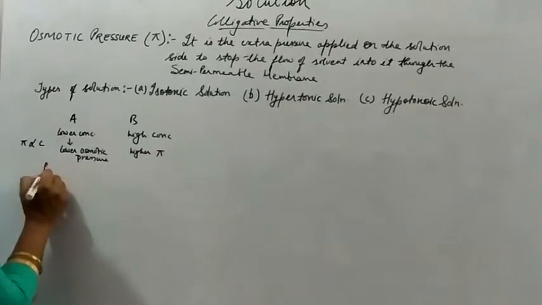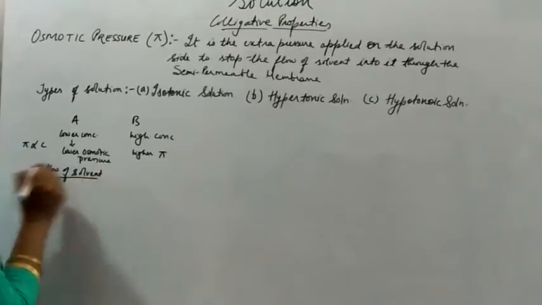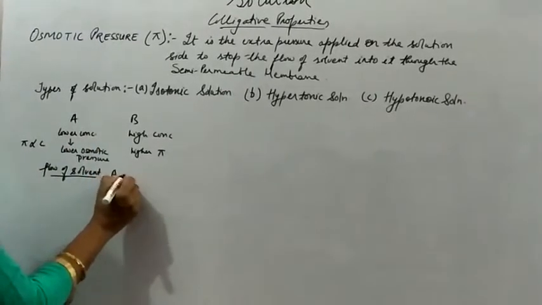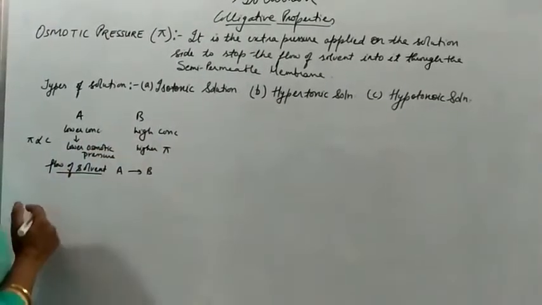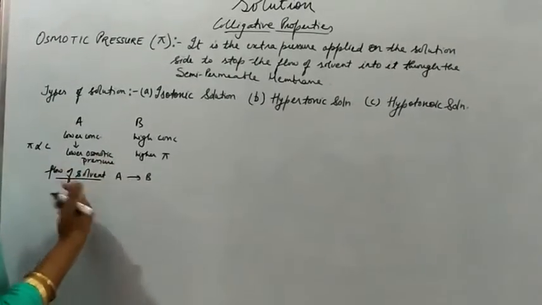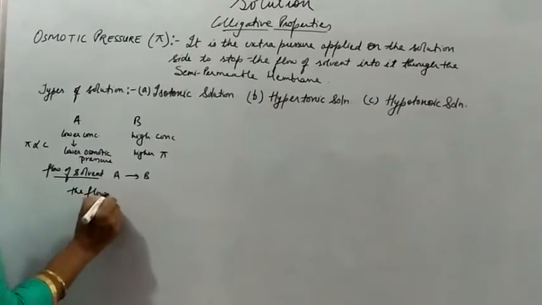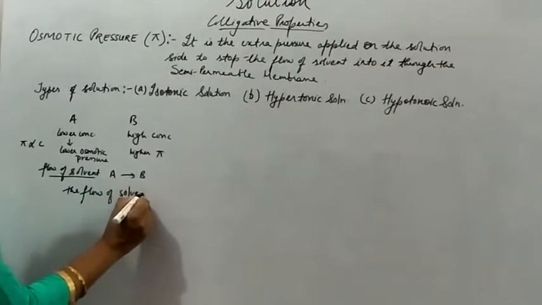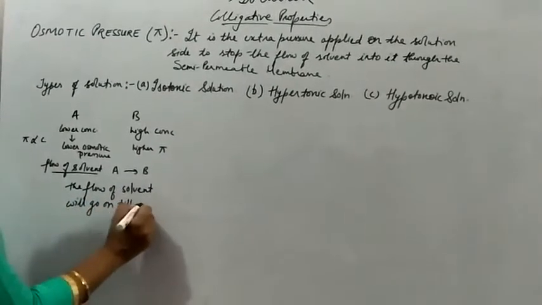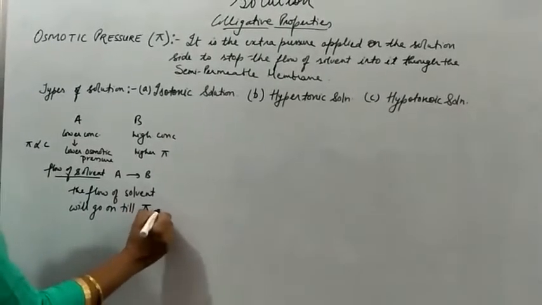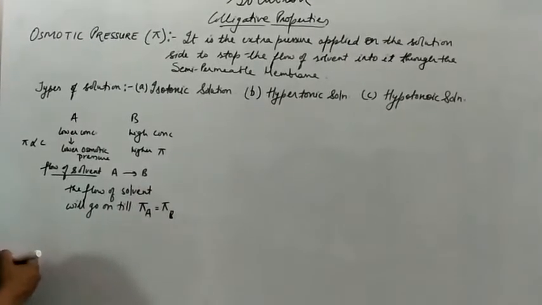So the flow of the solvent will be from the lower concentration, that is A to B, or we can say from lower osmotic pressure to the higher osmotic pressure, and the flow of the solvent will go on till the osmotic pressure of A becomes equal to the osmotic pressure of B, right?